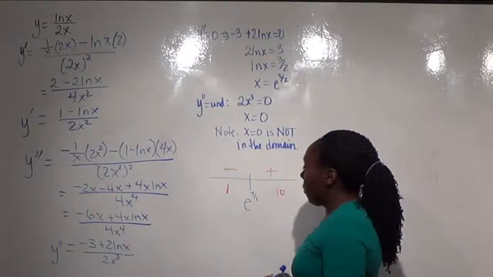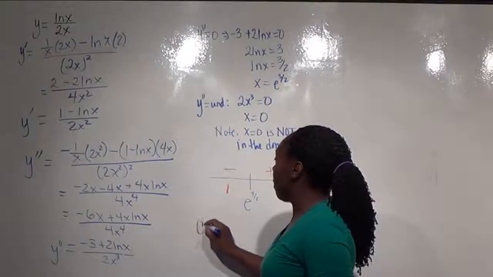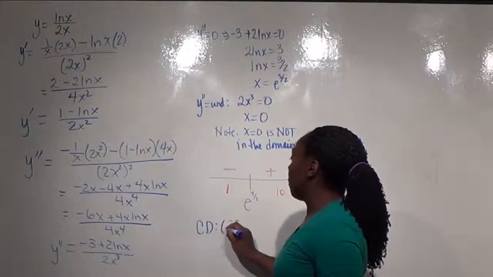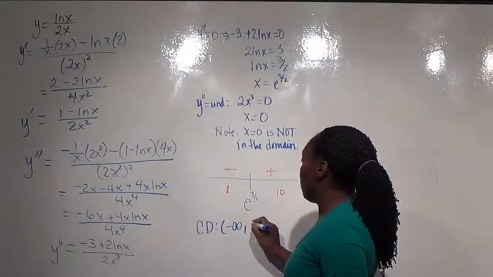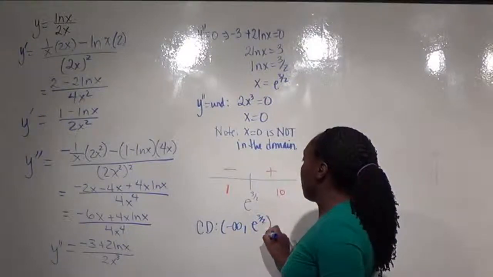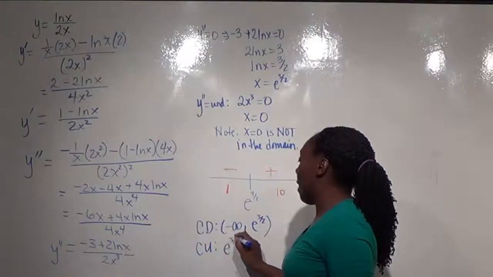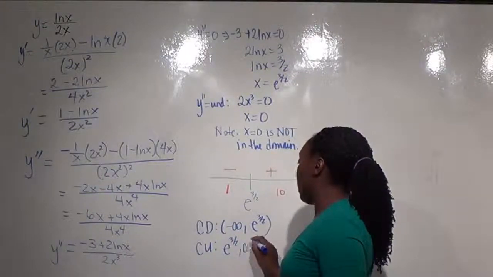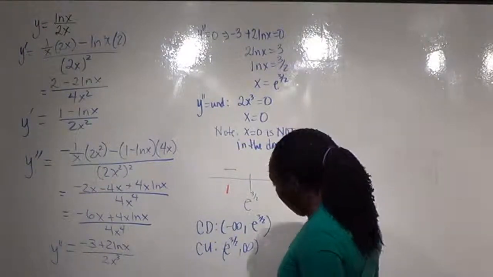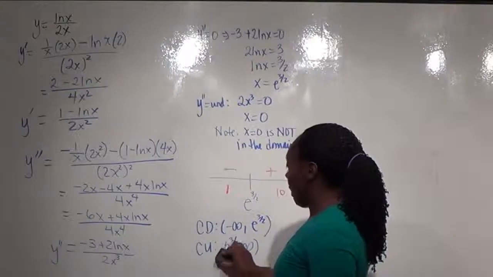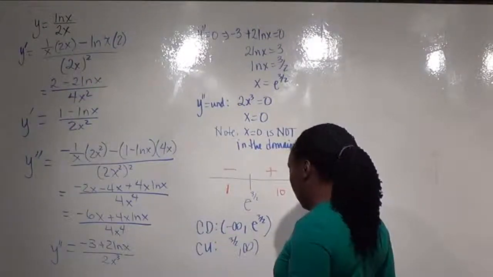Okay. So here we have that it is concave down from negative infinity to e to the 3/2. It is concave up from e to the 3/2 to infinity. Oh, and that's wrong. Remember our domain here. Okay?